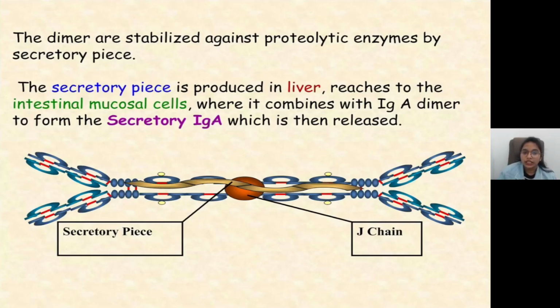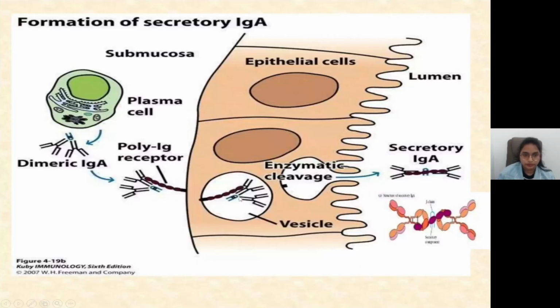The secretory piece is produced in the liver, right? It reaches the intestinal mucosal cells, where it combines with the IgA dimer to form the secretory IgA, which is then released. This secretory piece can then bind with the J chain, right?